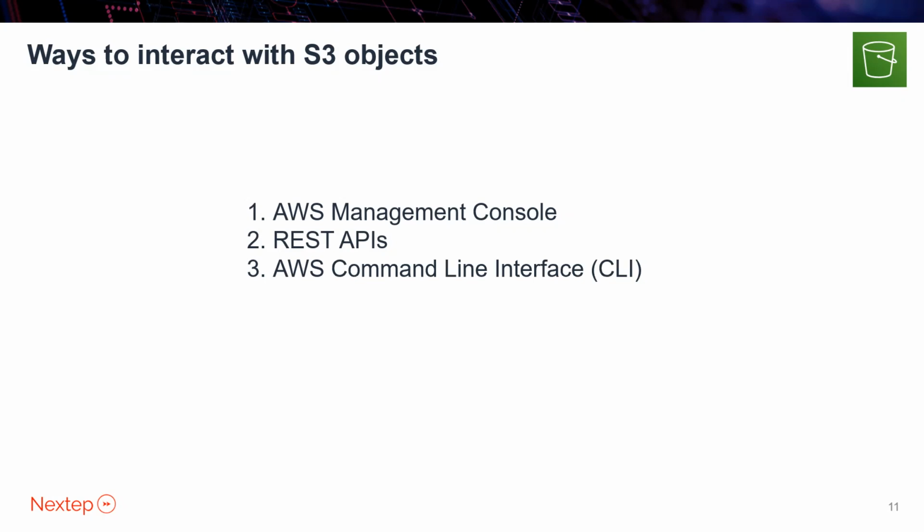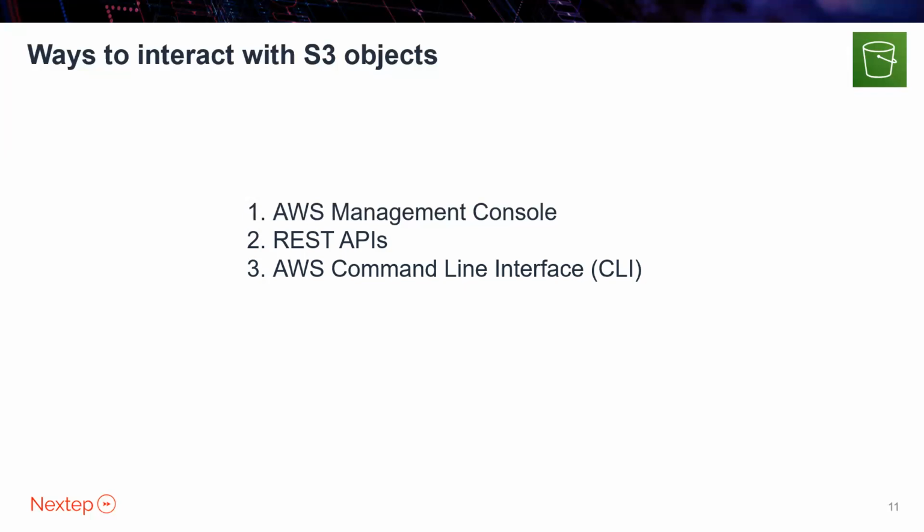The other way is a command line tool. There is a command line utility that you can download and install on your Mac or Windows machine, called the AWS CLI, the command line interface. It's a Python-based utility.